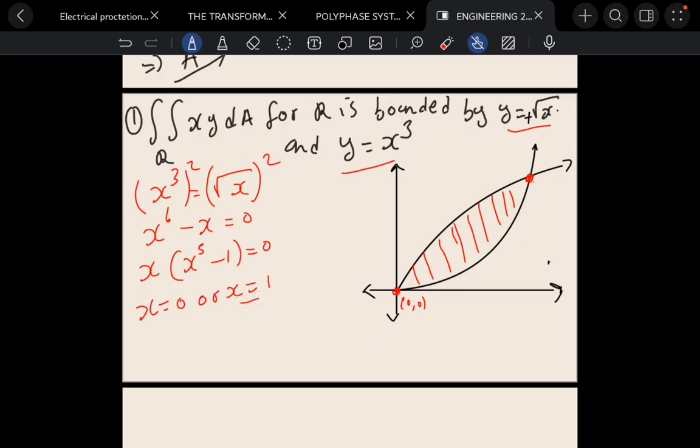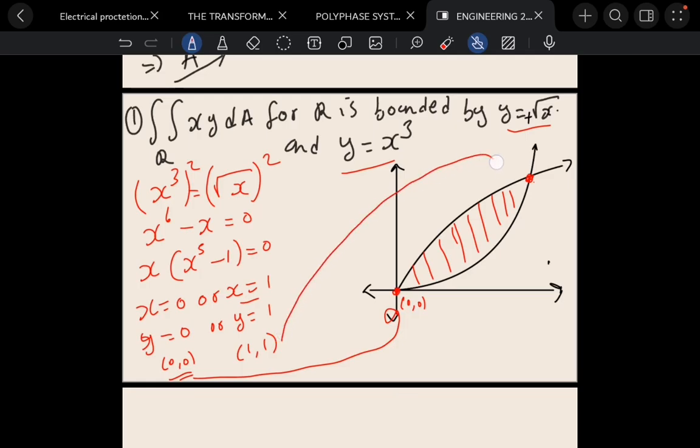Now when x is equal to 0, y is also equal to 0, or when x is equal to 1, y is also equal to 1. So if you write them as coordinates, you should have 0, 0, which is the origin, and 1, 1. It is that one. So that one is 1, 1. Right. I think everyone is happy with the 1, 1.